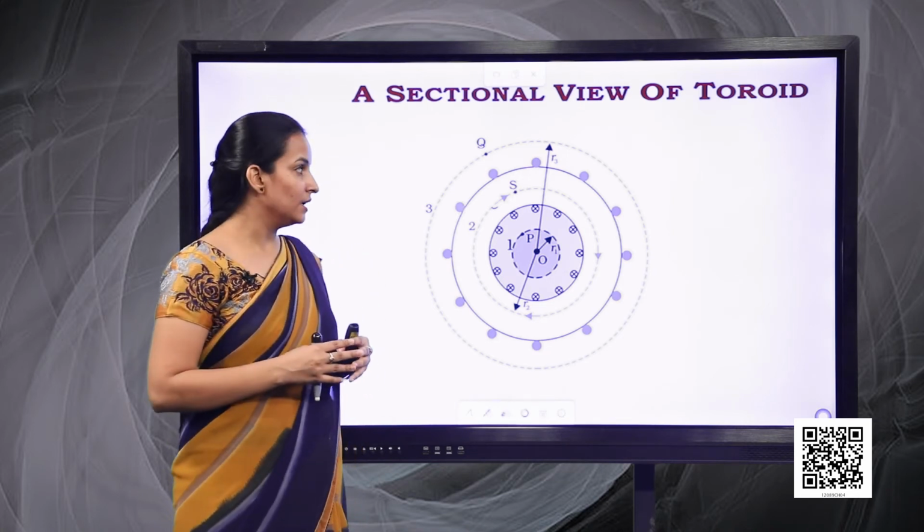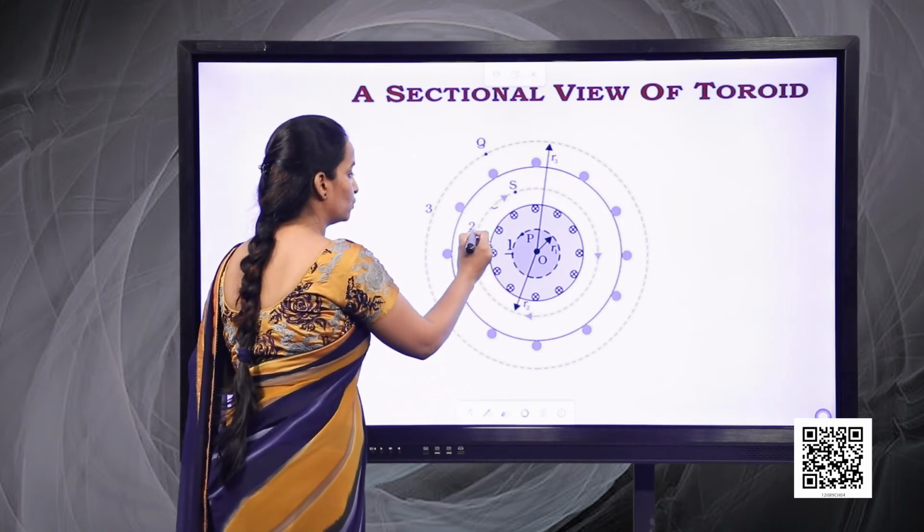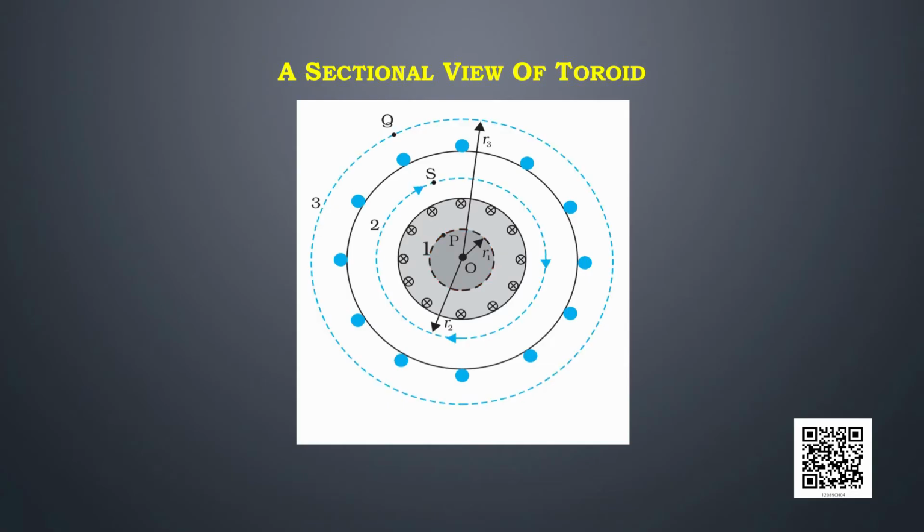Here we can see the circular Amperian loops 1, 2 and 3, which are represented with the help of dashed lines. By symmetry, the magnetic field should be tangential to each of them and constant in magnitude for a given loop.